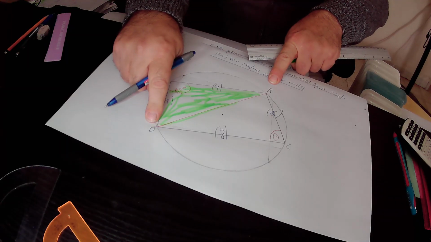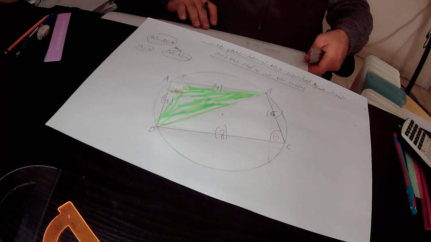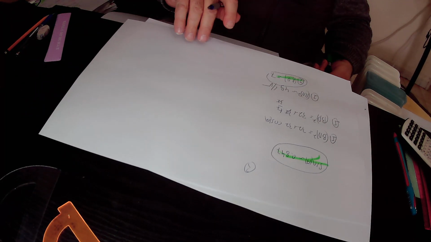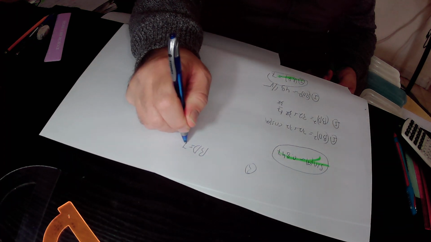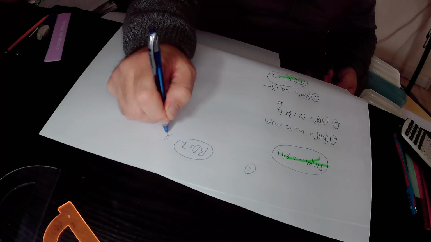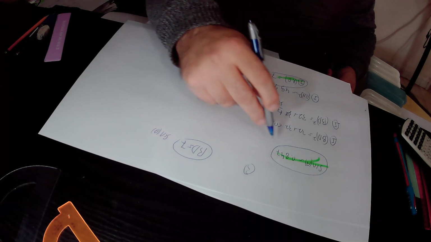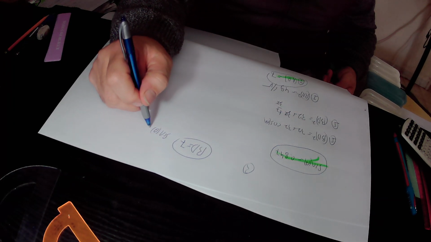BD equals 7 units in itself. BD equals 7 and sine theta equals 0.847.